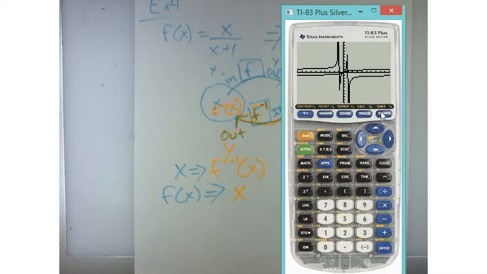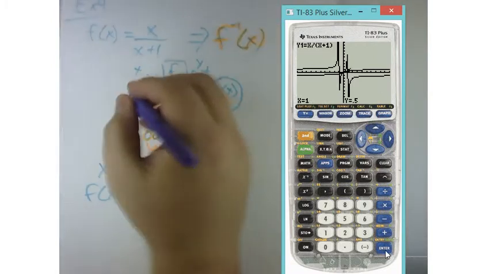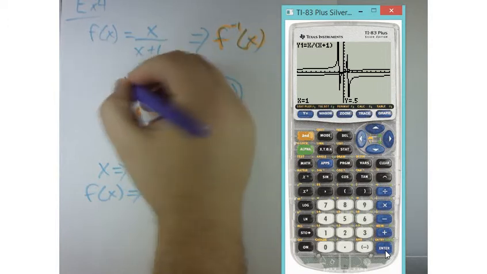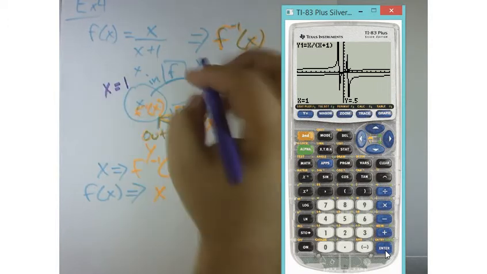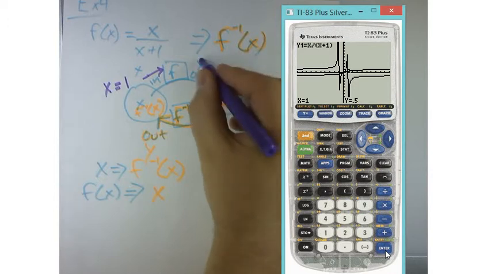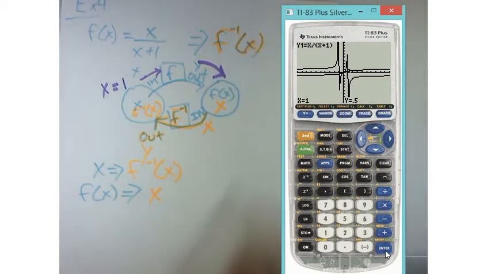Well, we could do it graphically too. It's on the table of values. So if I hit trace and I let x equal 1, we're starting with x equals 1, we plug that into the equation and it spits out 0.5 or 1/2, right?